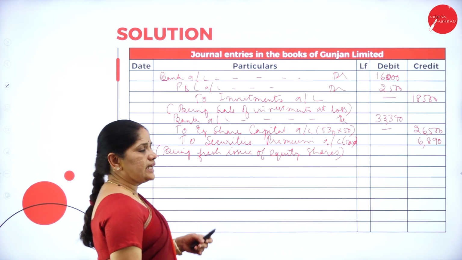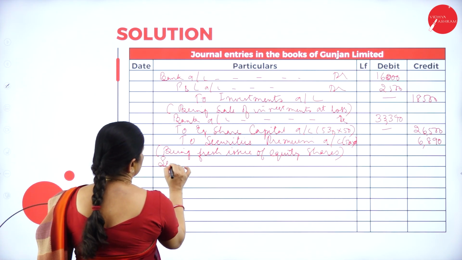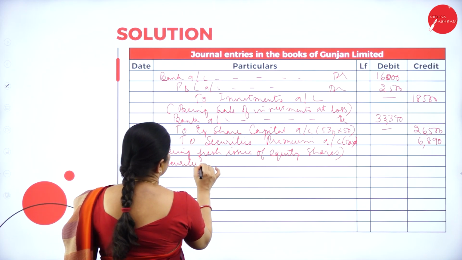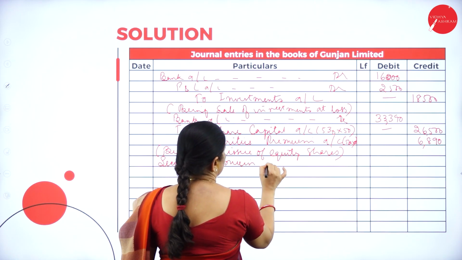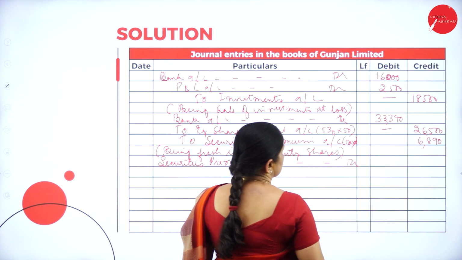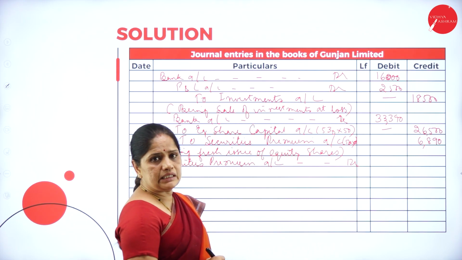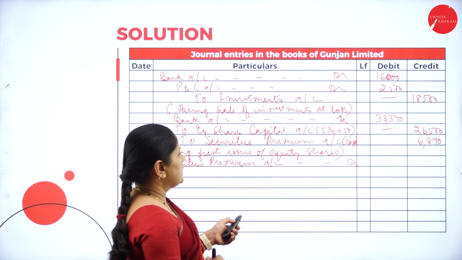Now, first thing is we have to provide for the premium amount. So I write securities premium account debtor. So what is the premium money we need here? We need 6,500, right?